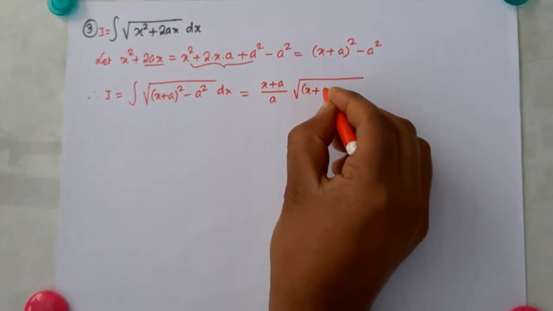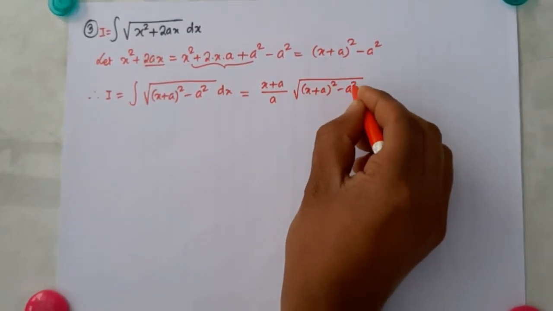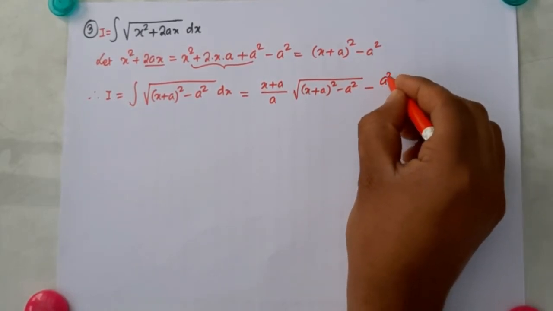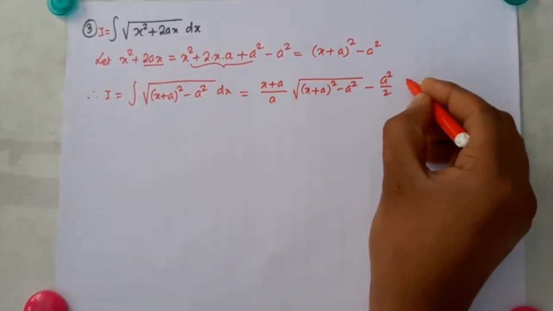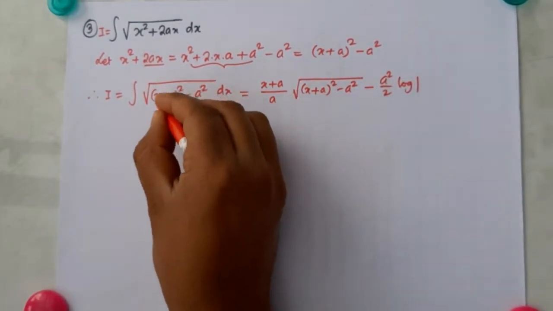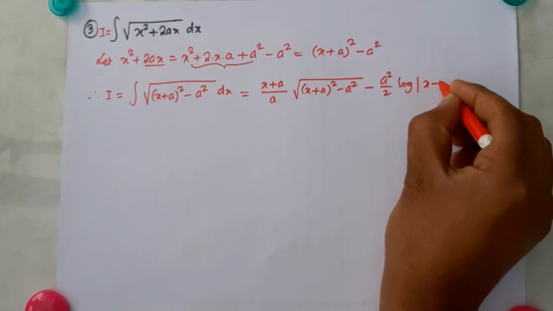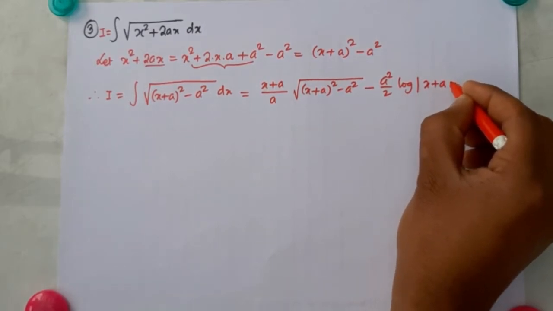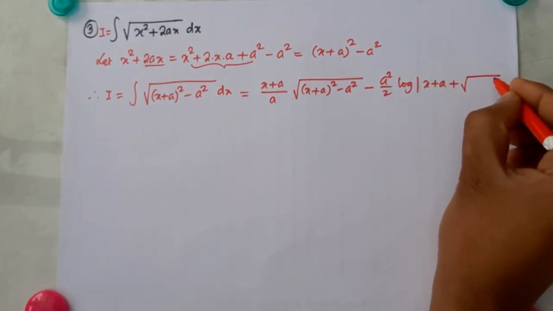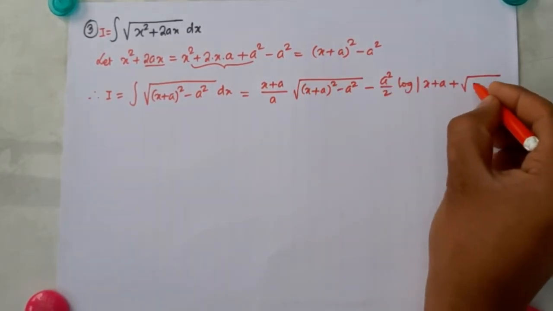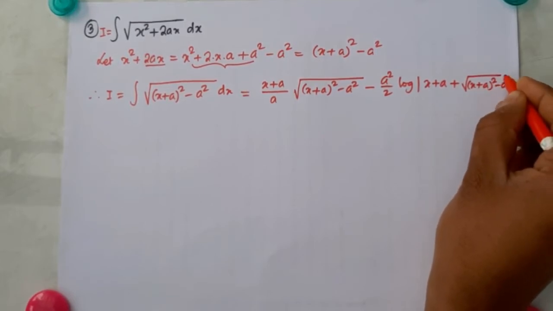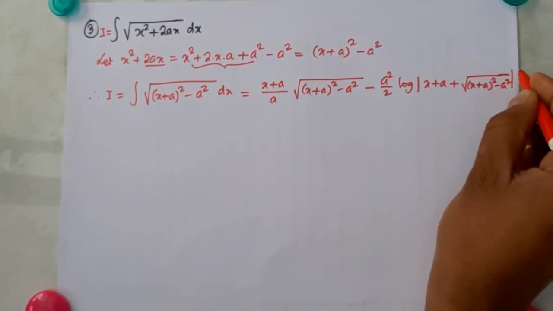So x plus a whole square minus a square, minus a square by 2 log of x, and that x is x plus a, remember, x plus a plus square root of x square minus a square, the very same thing, that is x plus a whole square minus a square, remember this. Okay, so we'll close this.